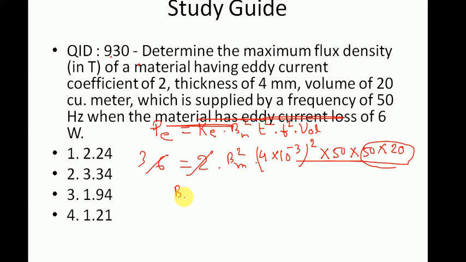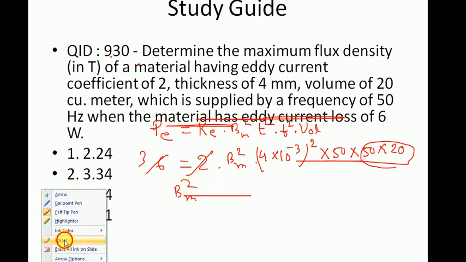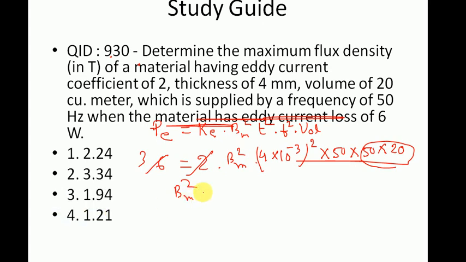Now what is Bm square? Let me find it. Bm square will be 3 divided by 4 square, that is 16. Only 10 to the power minus 3 will remain, because the other 10 to the power minus 3 will cancel with the 20, and there will be only 50.